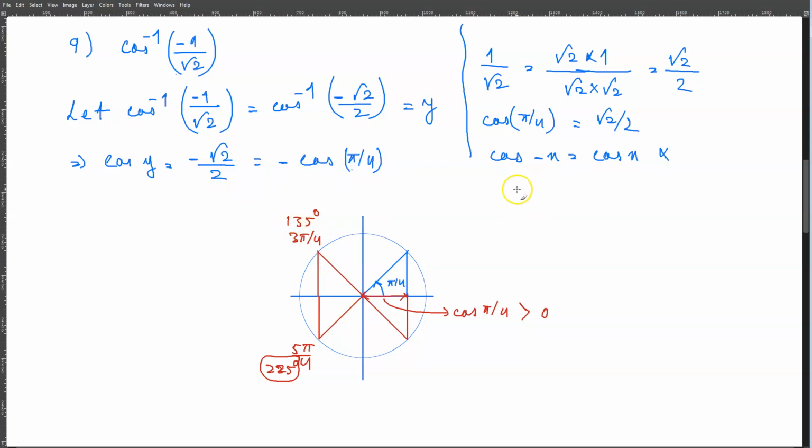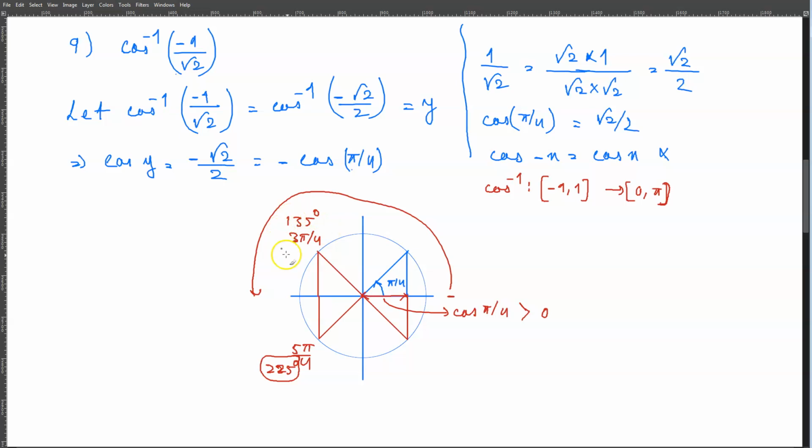Now, the cos inverse function is a function that goes from negative 1 comma 1 and goes to 0 comma pi. That is, the range of the function is 0 to pi, meaning that you can start from here and go all the way up to here only, not this angle.